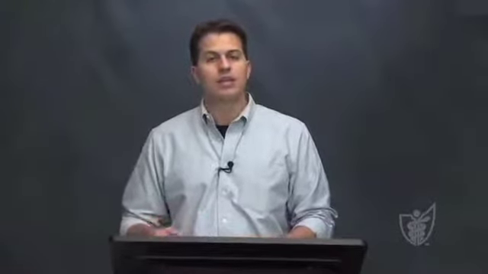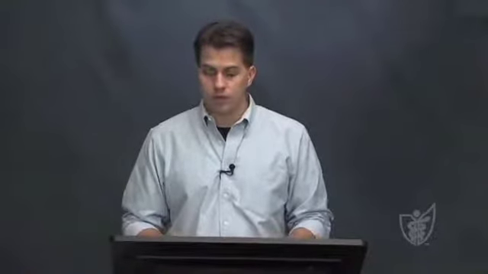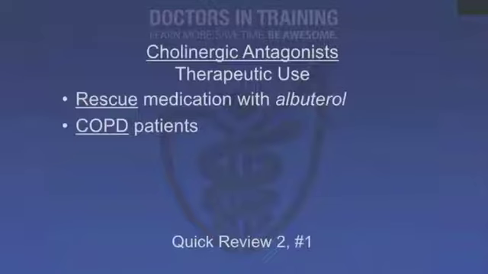In particular, COPD patients are more likely to be using ipratropium. So usually when we think about ipratropium, it's acute rescue treatment for asthma along with albuterol, or given on a daily basis a couple times a day for the treatment of COPD. That is the common way that you're going to see ipratropium being used. Adverse effects, there's really not a whole lot of adverse effects with these guys.